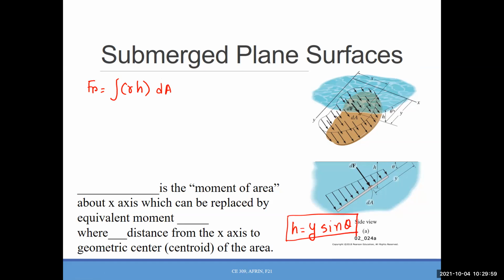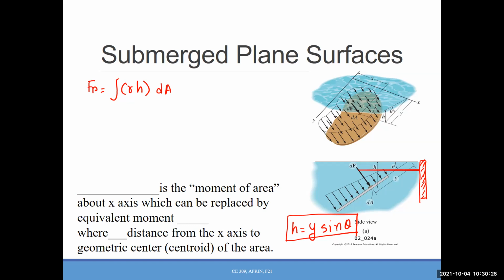Now one trick question. If the plate is vertical, what is the angle between H and Y? If the plate is something like that, what is the angle? 90, yes. And sine 90 equals? 1.